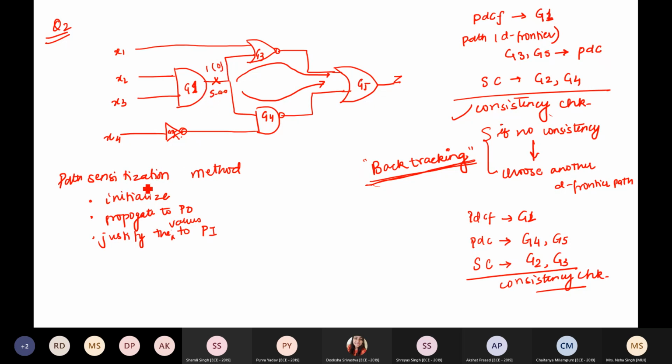So while answering the question, you will simply say that as the first step, the fault is initialized. So the output of the AND gate G1 is expected to be 1 in the non-faulty case and 0 in the faulty case, which is written as 1, 0. This output needs to be propagated through the NOR gate G3, right?